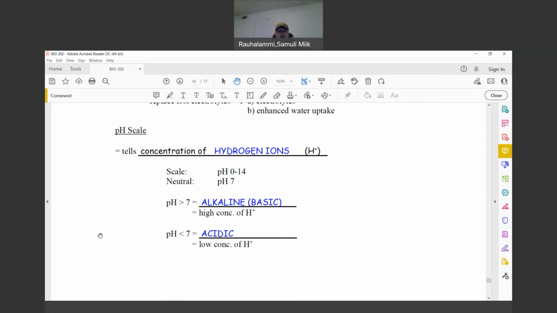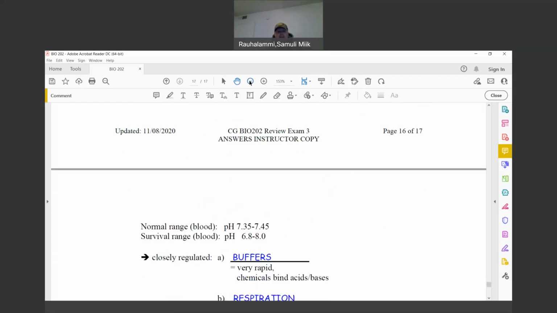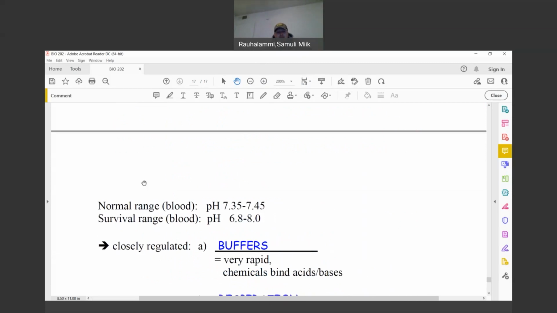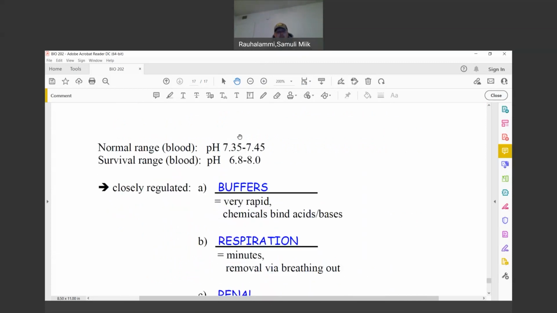What we noticed when we talked about this is that your body does an exceptional job of keeping the body pH within such a narrow range, usually within 0.1 units, whereas the survival range even is still narrow, from 6.8 to 8. If it's any higher or lower than that, we end up with issues with alkalosis or acidosis.